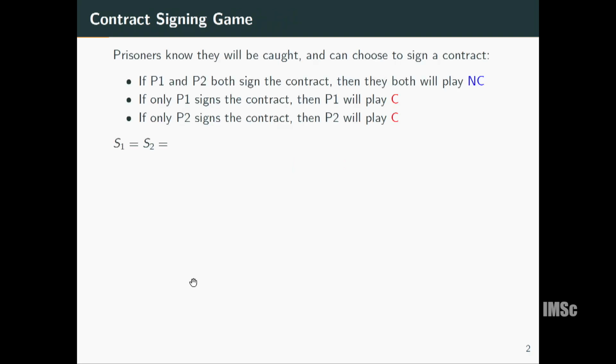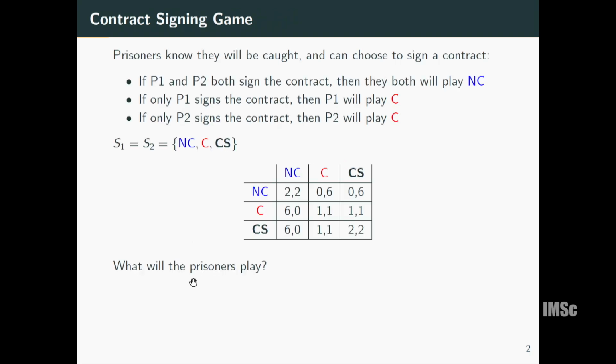If the players sign the contract, it is written that whenever we get caught, we will play NC comma NC. CS is the strategy which corresponds to contract signing. If they sign the contract, they will both get 2 comma 2.